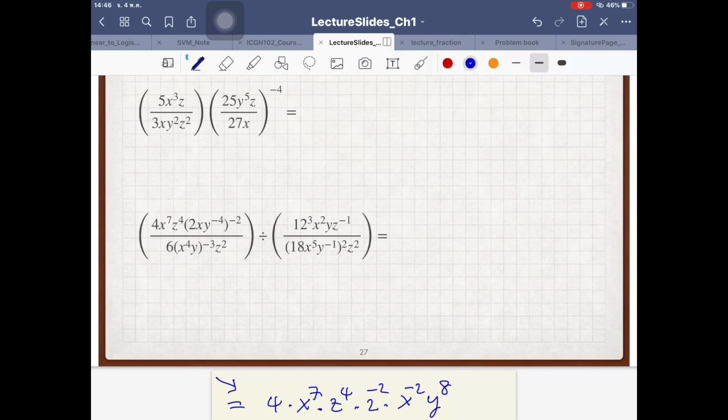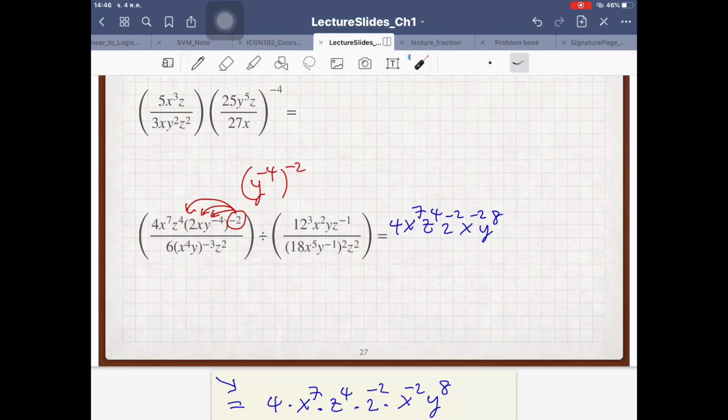And then for the next problem, here you can give this power to everything inside this parentheses. So this will give you 4x to the power 7, c to the power 4, 2 to the power minus 2, x to the power minus 2, y to the power plus 8. It is because for this term, you take the power minus 2 again.